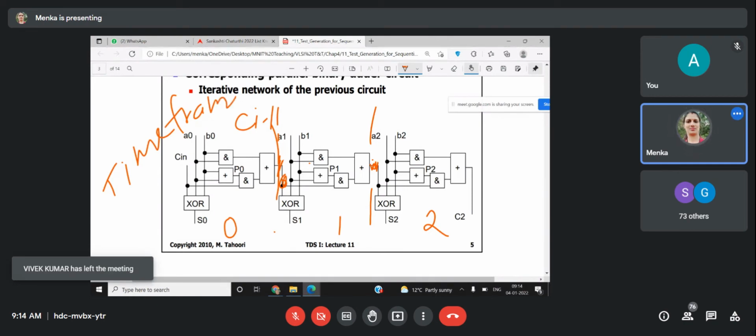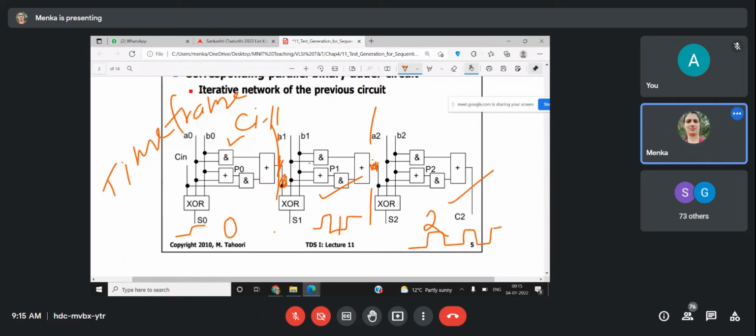Time frame, why? Because there is a clock, right? So at the first clock this will be active, the next clock cycle this is valid, for the third clock cycle this is valid. So we have given the name time frame according to the clock values.